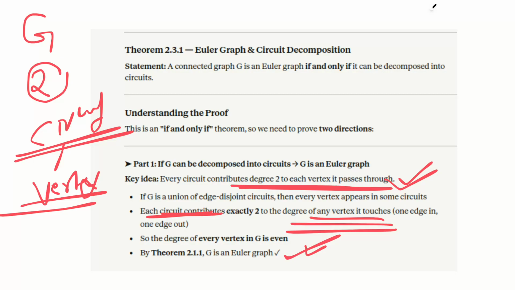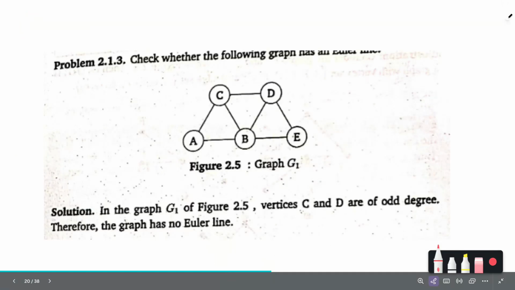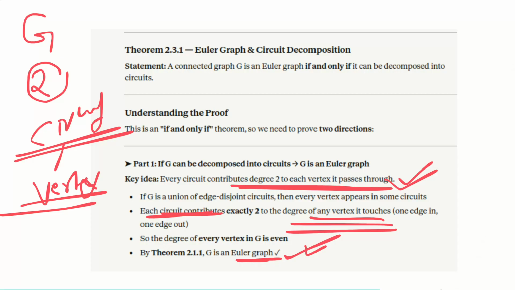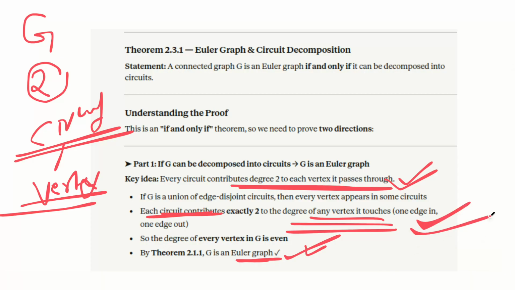That is one thing you have to understand. So the degree of every vertex in G is even. So we can say that G is what? By the theorem we proved in our previous videos, an Euler graph means its degrees are even. So the first part is done. If a graph is decomposed into circuits, then it is an Euler graph.